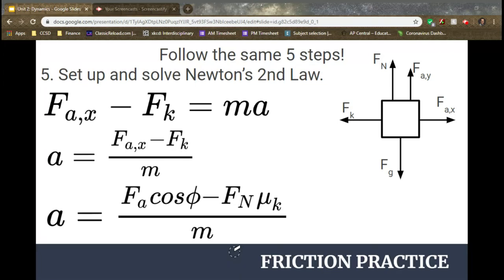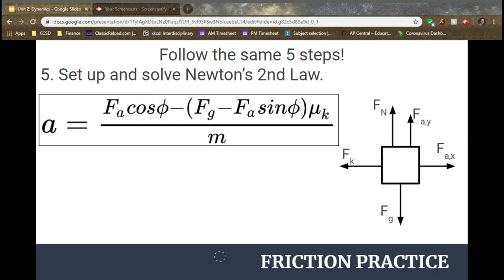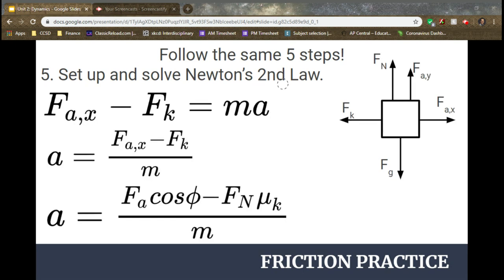However, I'm not done quite yet because I solved for what my normal force actually is. And I substitute my normal force in for that equation. I'll go back. So here's this. This is my normal force. Everything else stayed the same.